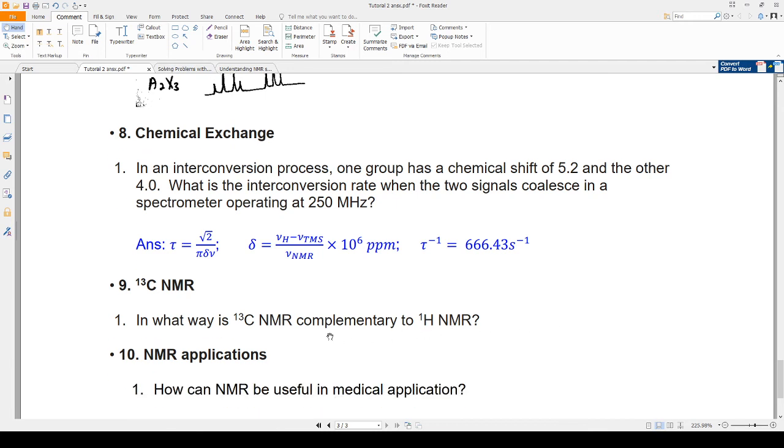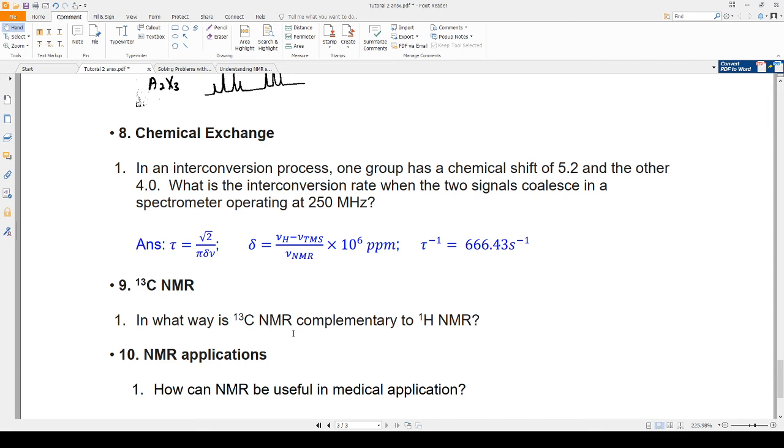In what way is carbon-13 complementary? I want you to really look at the video that I shared. Carbon-13 is like proton NMR in that the peaks signify the types of hydrogen there are. Similarly, carbon-13 focuses on the peaks of carbon, related to the types of carbon groups there are.